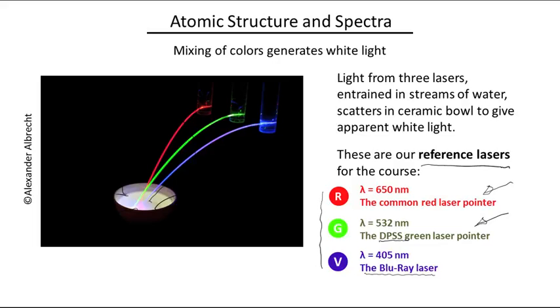These span the range of human vision, as we'll see, and so they provide a good set of basic tools. If you want to remember properties of light, it's nice to have some specific examples. So we'll use these at a number of points in the lectures and the homework.